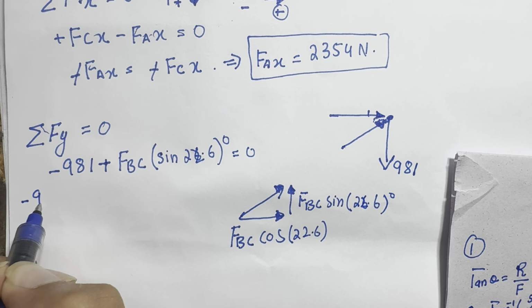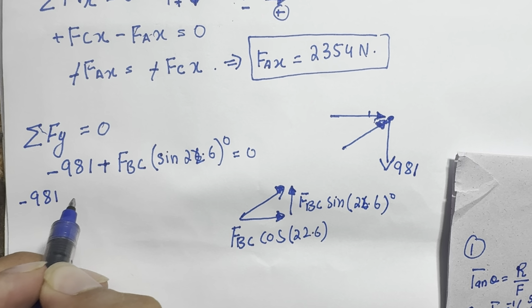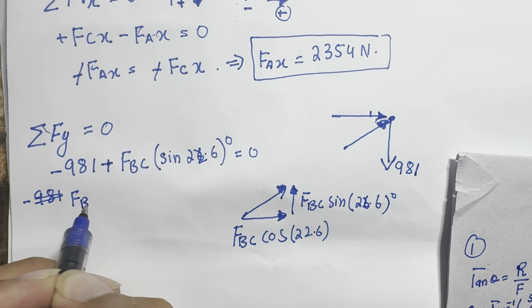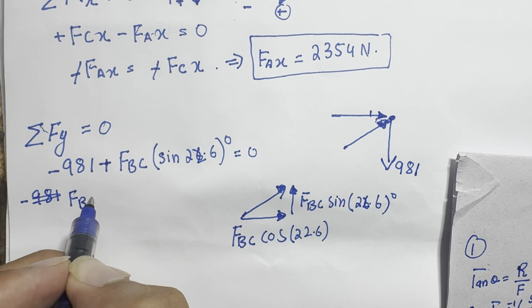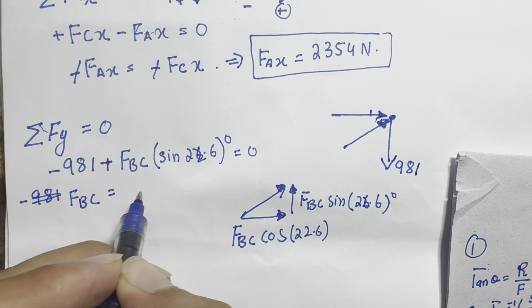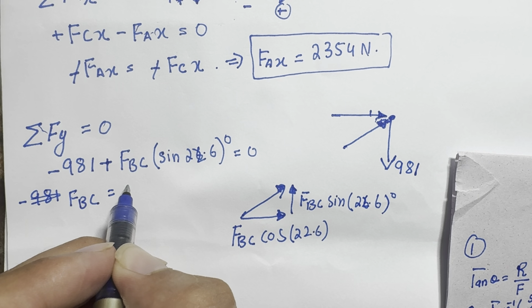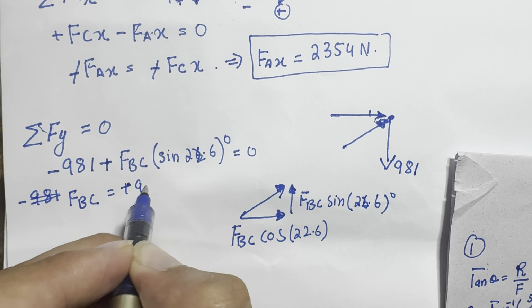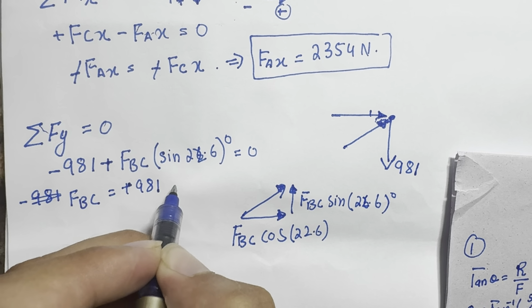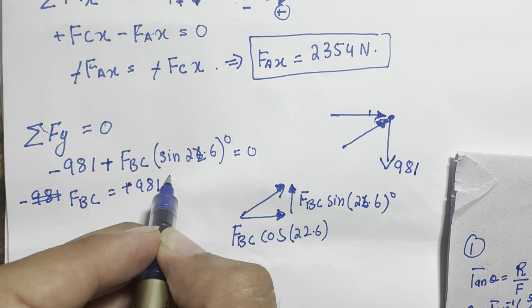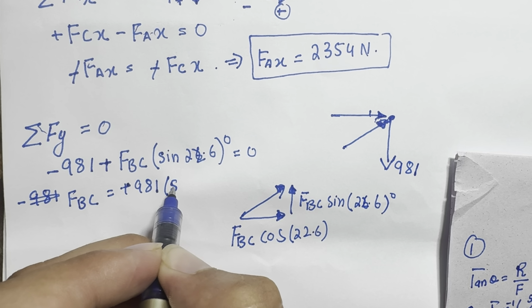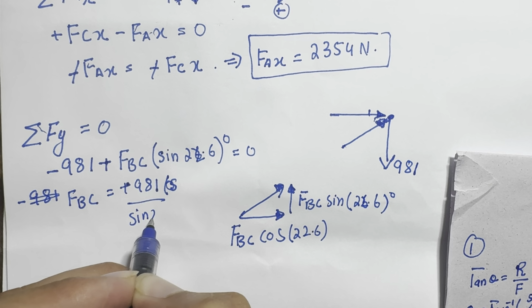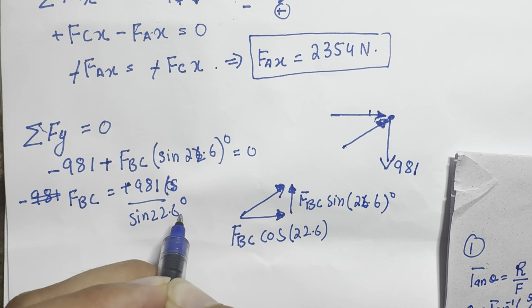So FBC equals 981 divided by sin 22.6 degree.